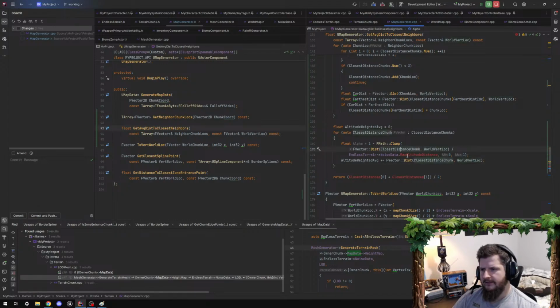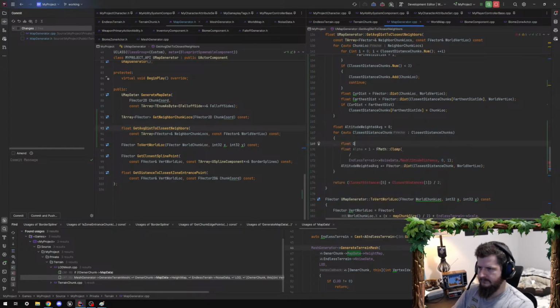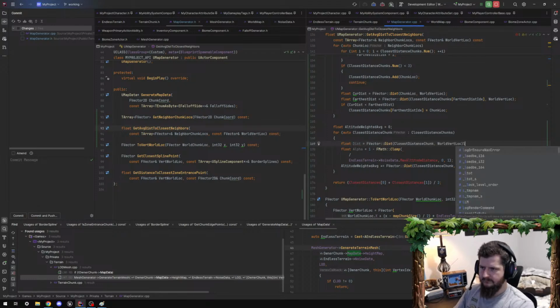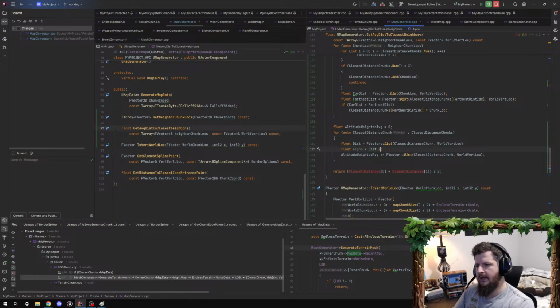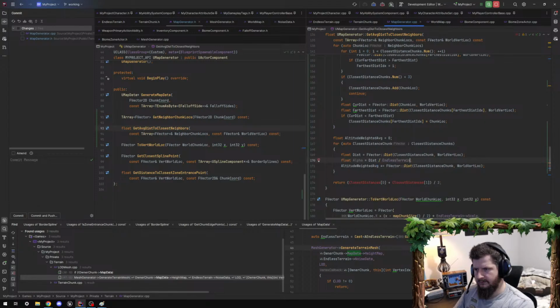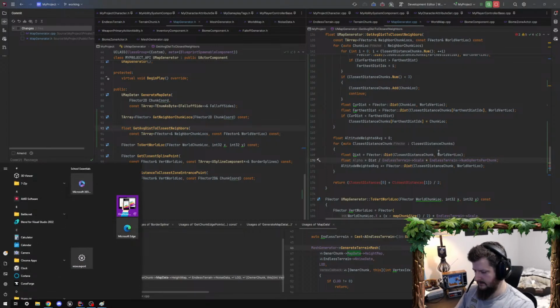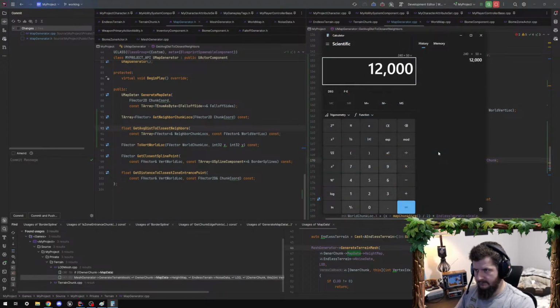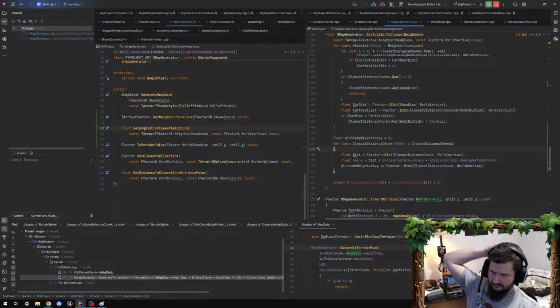I need to divide the distance, so first of all, I need to divide the distance by endless terrain scale times endless terrain num square verts per chunk. Yeah, that's right. And so that's how much alpha this one should have.